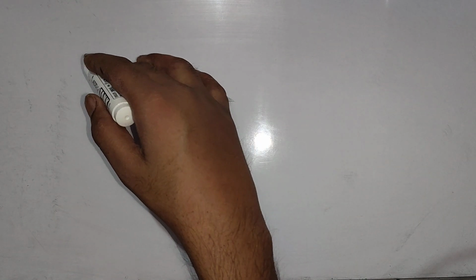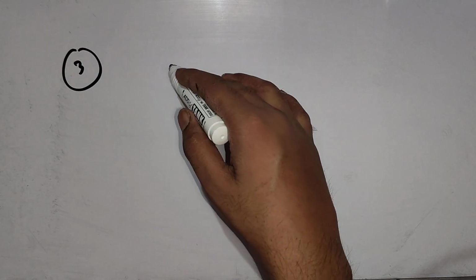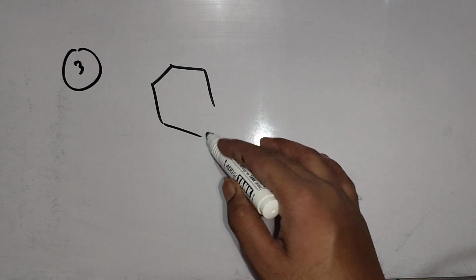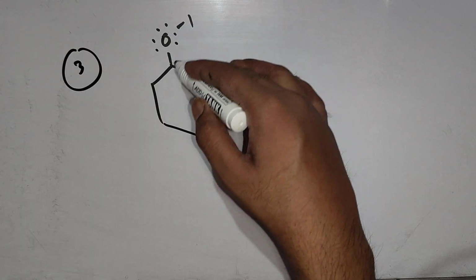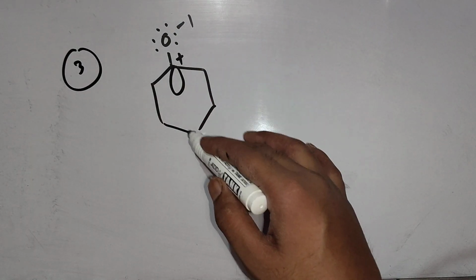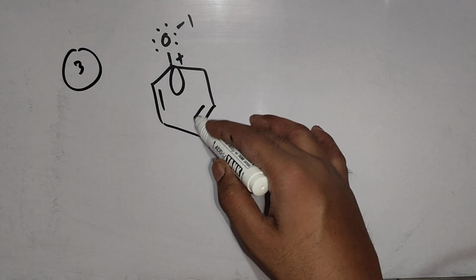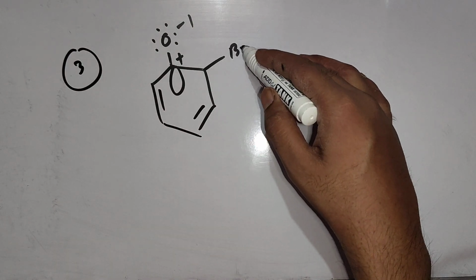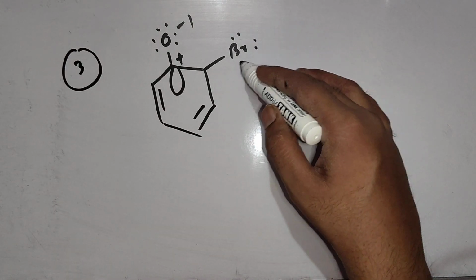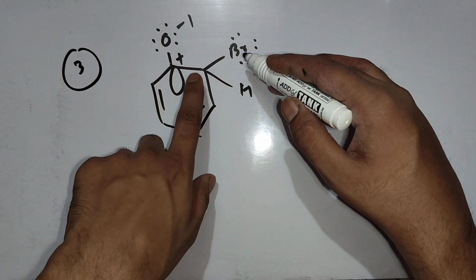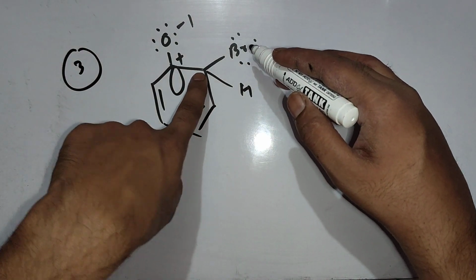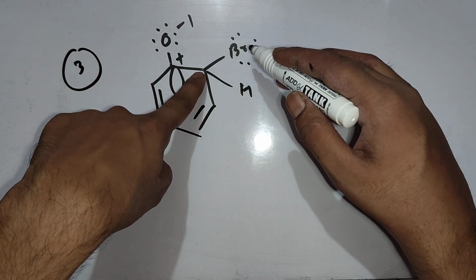Third step. As you know, carbocations are unstable species. So obviously it will be destroyed. How? Like other mechanisms of electrophilic substitution reaction, the same.